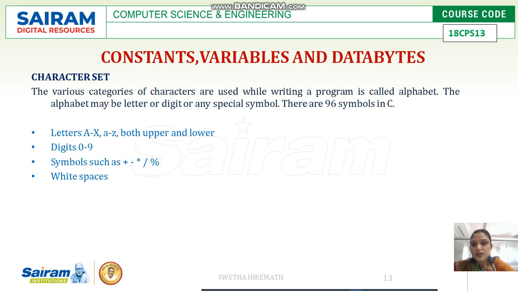The letters include capital A to Z and small a to z, that is upper and lower case letters, and digits 0 to 9. Symbols like plus, minus, star, hash, slash, percentage, that is the modulus symbol, together form the special symbols, along with the white spaces. These are the basic character sets, called the alphabets of our C language.